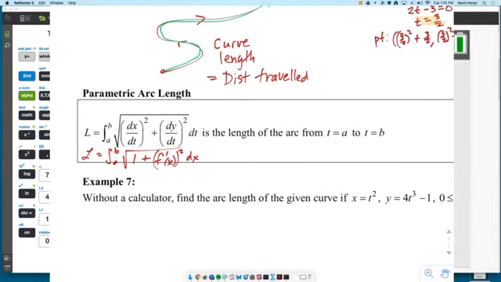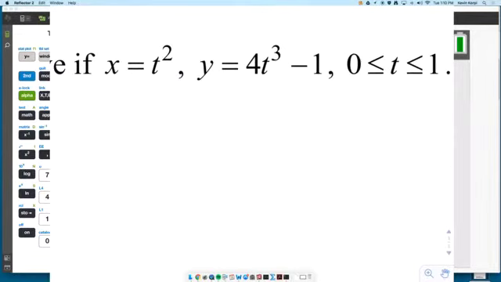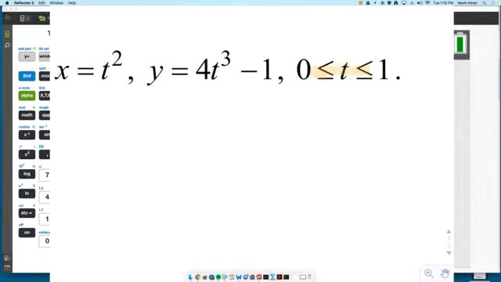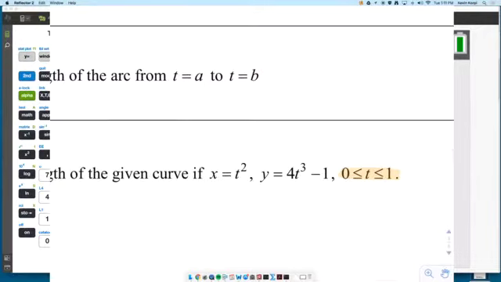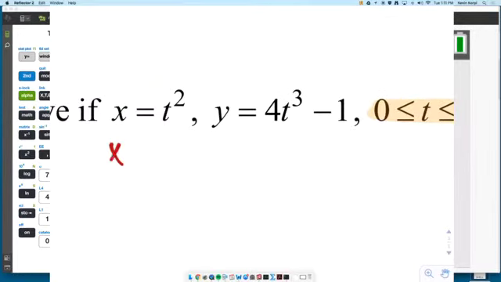So moving very quickly still today, without a calculator, find the arc length of the given curves if you have those two sets of parametric equations. And here you have an interval for t, which is kind of nice, because if you weren't given an interval for t, you wouldn't necessarily know which length to give. Okay? So let's get our pieces all lined up.